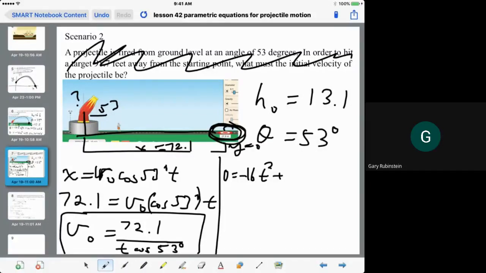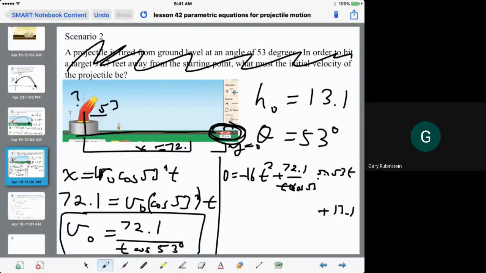But V0 we've worked out to be 72.1 over t cosine 53. And then we put the sine 53 and the t, and then finally plus 13.1.